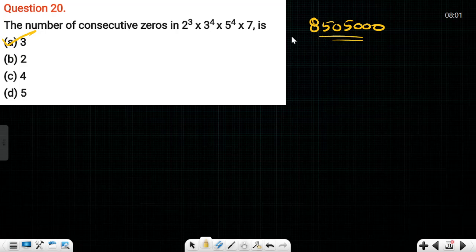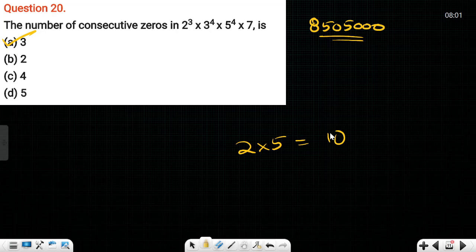See here carefully. When can you get a 0? When you multiply 2 into 5, this is the only possibility you can get a 10. Therefore, if one 2 and one 5 are there, you can get 10. No other possibility. Two 5's multiplication cannot give you 10. Two 2's multiplication cannot give you 0.